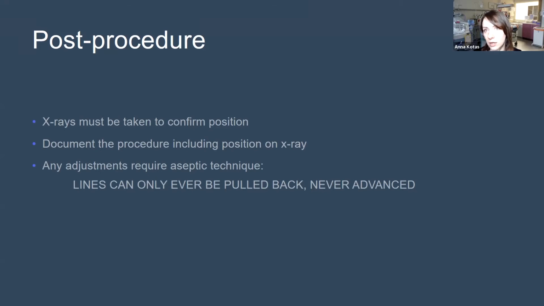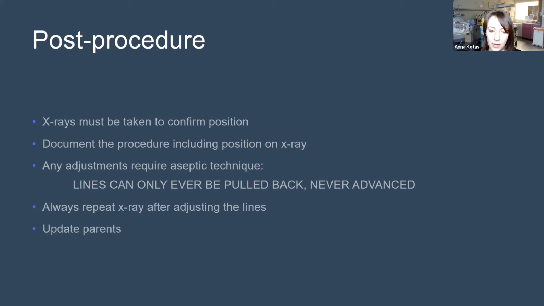If the x-ray shows that the line is not in a suitable position and pulling it back won't improve that, then the only other option you've got is scrubbing up and starting all over again, removing the line and putting a fresh one in. If there are any adjustments made, then the x-ray must be repeated, and of course update the parents and let them know this procedure has taken place.